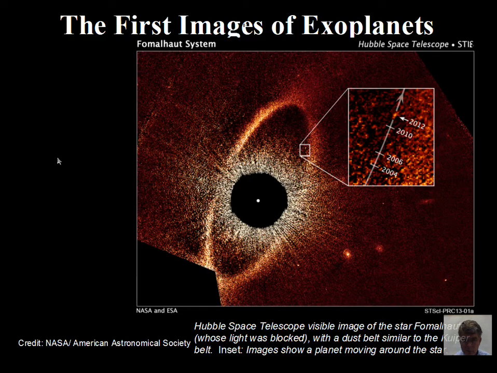And here's an image. Many people believe this is a body in orbit around another star. There's a little controversy, but we have the object located in 2004, 2006, 2010, 2012, and it's in an orbit around this star.